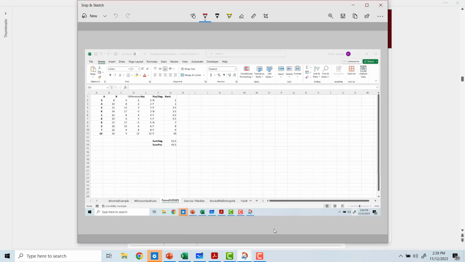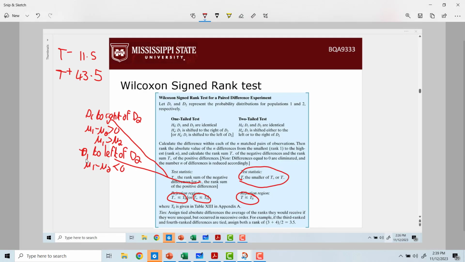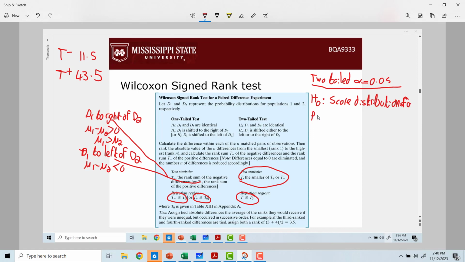Okay, so let's just go back and do this test. Let's do a two-tailed test with alpha equals 0.05. H0 is that the score distribution for products A and B are identical.